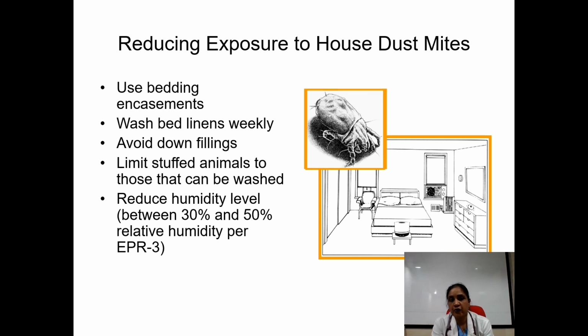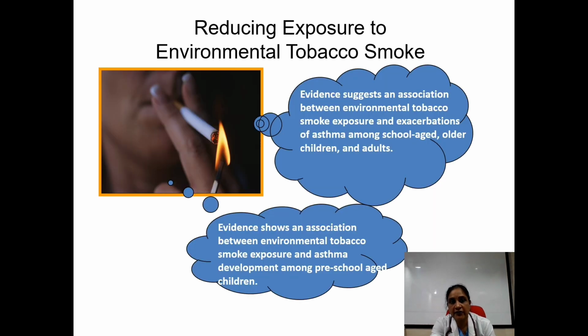Reduce the humidity level. It's very important in this part of the country, Kerala, where the humidity levels are high. So reduce the humidity level by using an AC or air dryer or something. Those are the small things which you can do. The second thing is to reduce the exposure to environmental tobacco smoke.